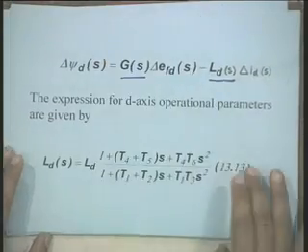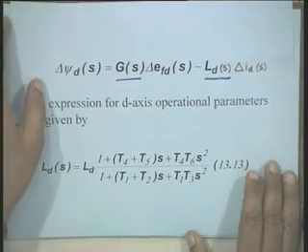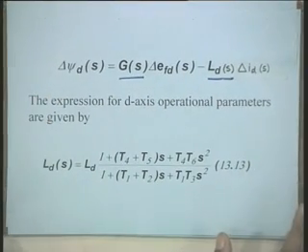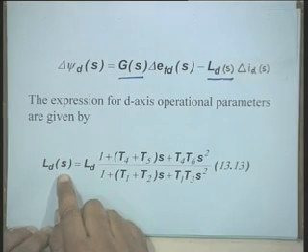Now, suppose I want to know the behavior of the machine under sustained disturbance condition, that is when the machine is carrying the steady state currents. At that time I can substitute s equal to 0.